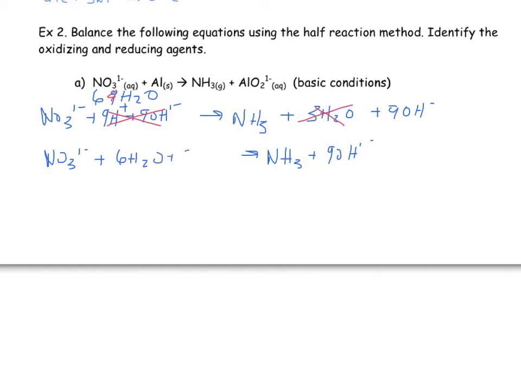That means I'm going to need 8 electrons on the left side to balance the charges. Because electrons are being a reactant, this means this will be my reduction half reaction. Let's now do the reaction involving the aluminum compounds. Aluminum gets changed into an AlO2 minus compound.